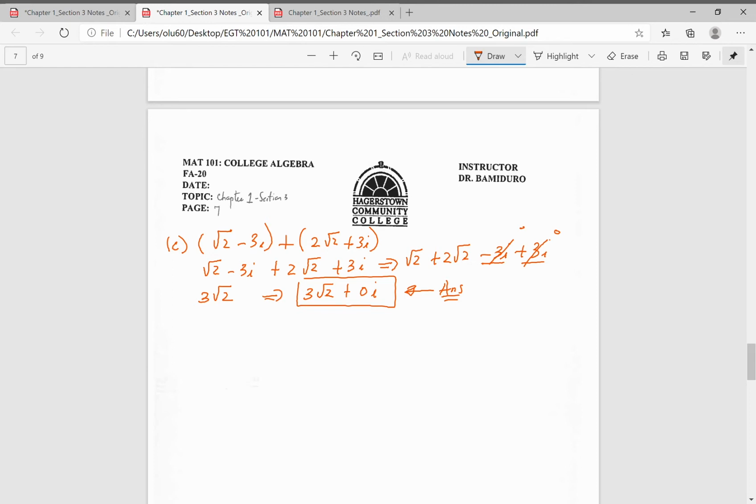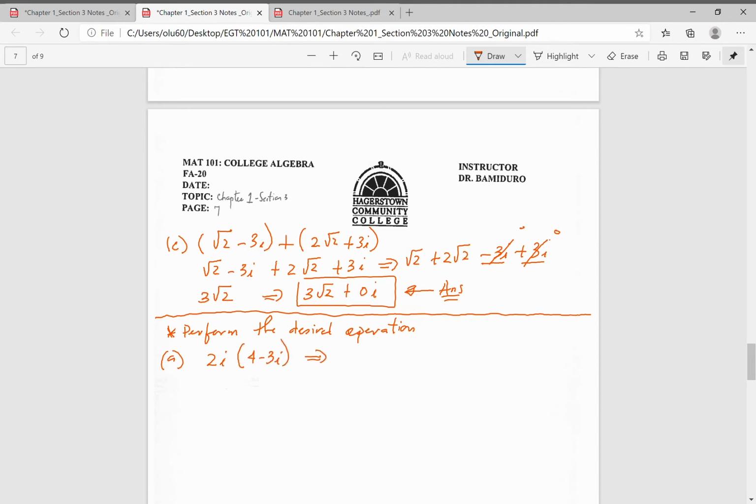Now we want to deal with multiplication. We're asked to perform the desired operation. Now we have A, which is 2i times 4 minus 3i.